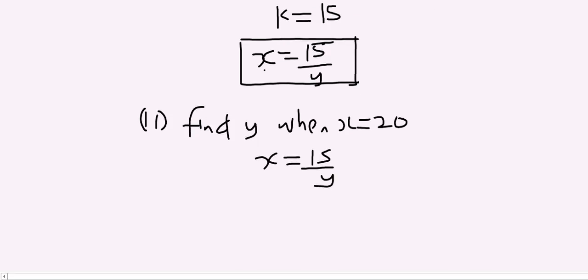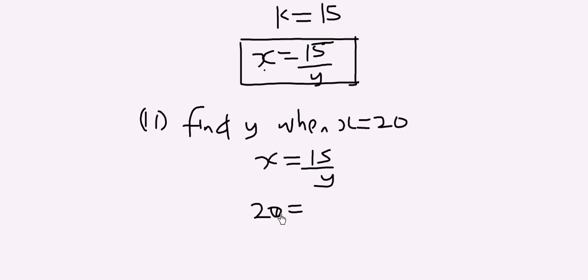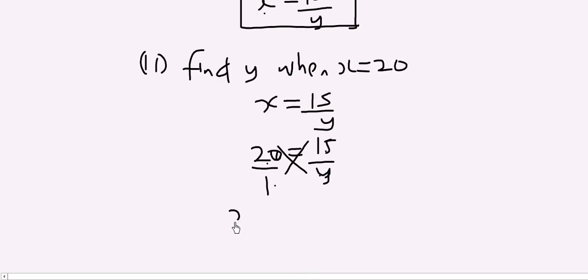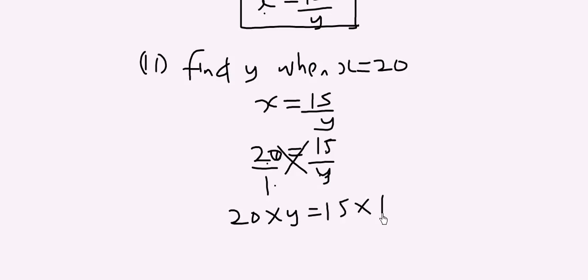So in place of x, I put 20 there. So I have 20 is equal to 15 over y, the same as 20 over 1. So what do I do next? I cross multiply. That becomes 20 times y, then 15 times 1. So I have 20 times y is equal to 15 times 1.